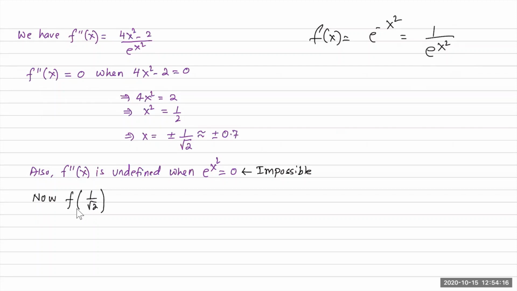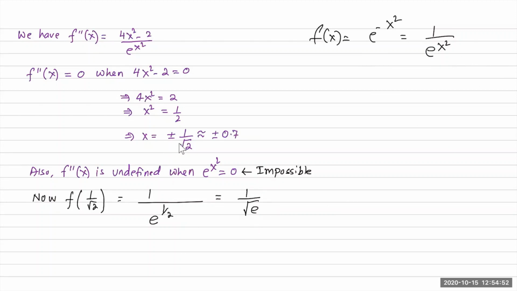Now, if you plug in the value, it will be 1 over e raised to, we have to square the x. If we square this one, it will be 1 over 2. And this is equal to 1 over square root of e, because power half is a square root. So when you plug in 1 over square root of 2 to the function, your output is 1 over square root of e.